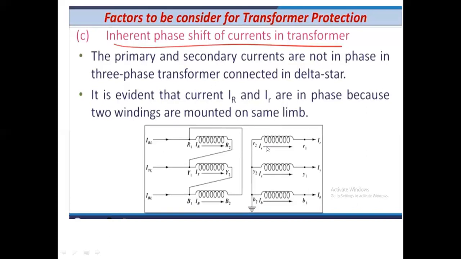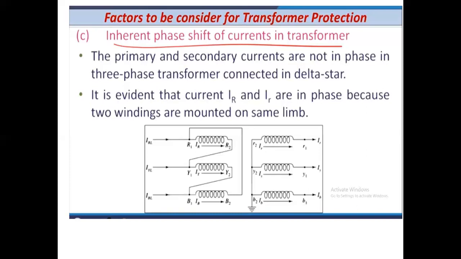Now when we consider this, you can see that this capital IR and the small IR are equal. Why are these two equal? Because in the transformer, these two coils are mounted on the same limb. So the capital IR and the small IR are both the same.